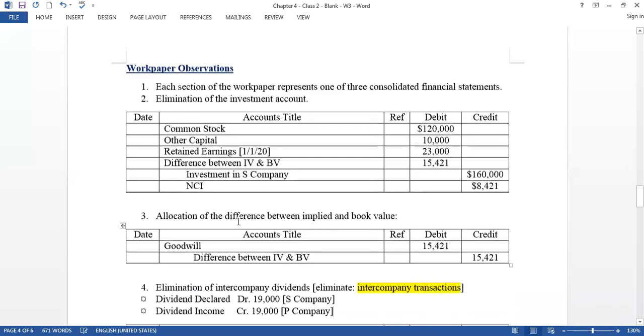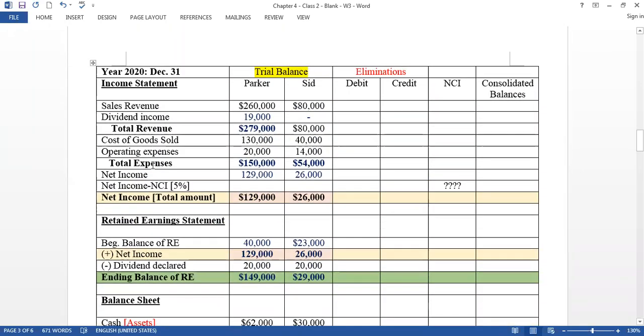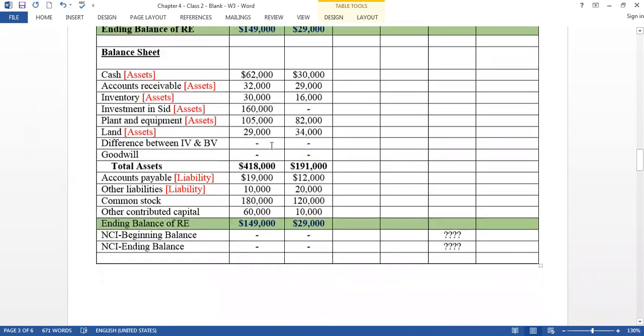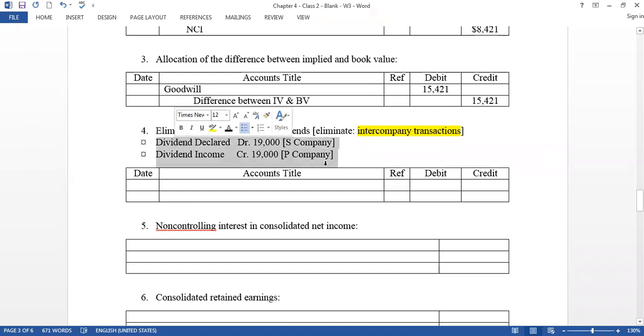And you know that we already record dividend income according to the cost method. We already record dividend income here. Do you understand? Because we follow the cost method. And this is called intercompany transactions. As we already recorded income, we have to eliminate. We have to eliminate any intercompany transactions, especially for dividend.